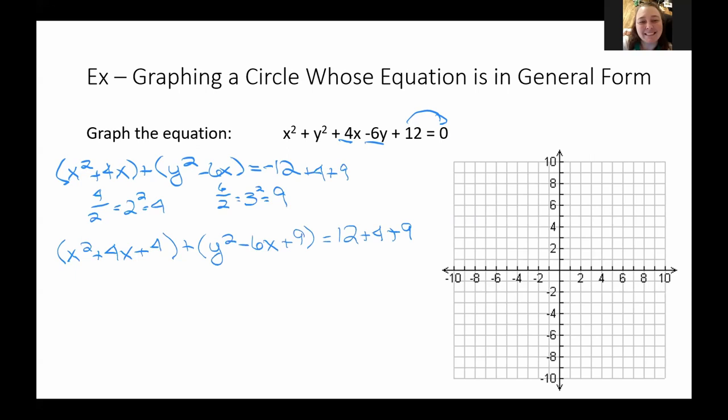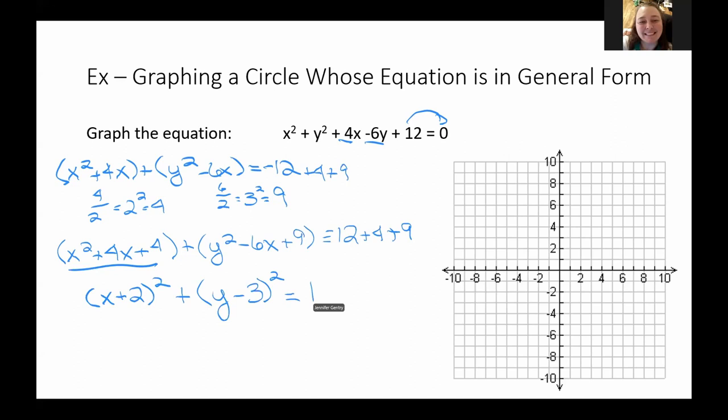Now, if I look at this, it is going to be x plus 2 squared plus y minus 3 squared equals negative 12 plus 4 plus 9.